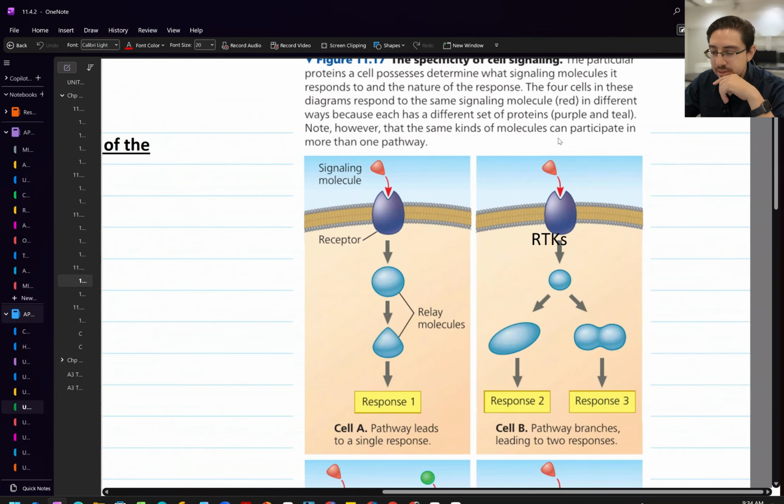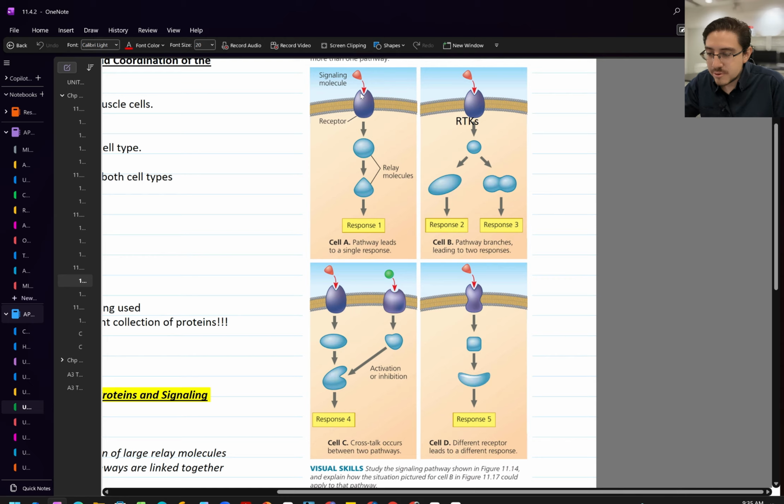Well, so different cells can elicit different responses just because the different proteins that you have can create different cascades. In this case, cell A, you have this very basic one-way relay of signal to make a particular response.